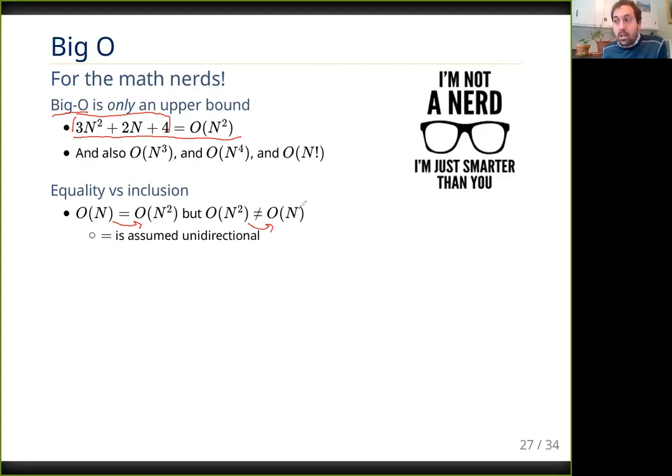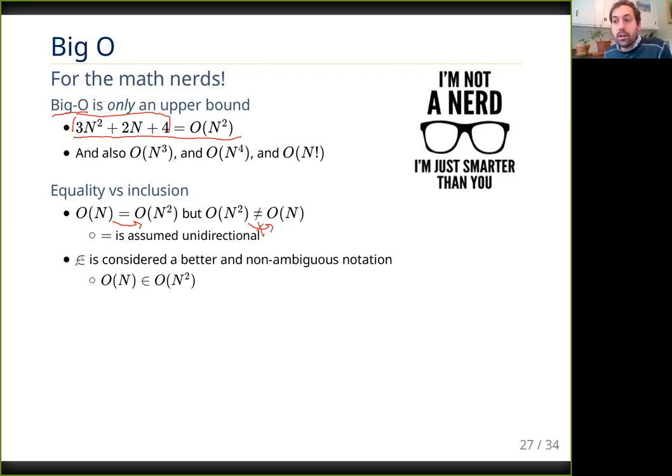And so here, n is never an upper bound to n squared. So that doesn't work. When you say equal, it's always in one direction. A good way to remove any possible confusion is to not necessarily use the equal sign, but to use the sign include. This way, the relationship is clear and it's always unidirectional.